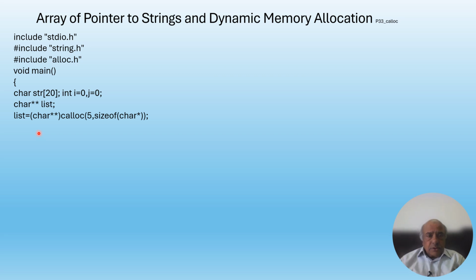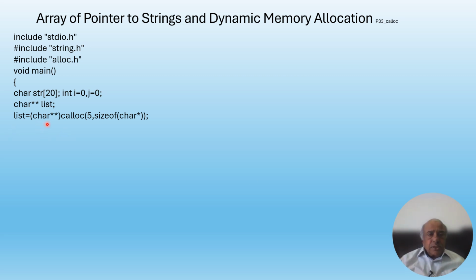We are now creating an array of string pointers named list, for which we are going to allocate memory locations for the char pointer array of pointers, in which we will be storing the addresses of strings which we are going to use in this program.